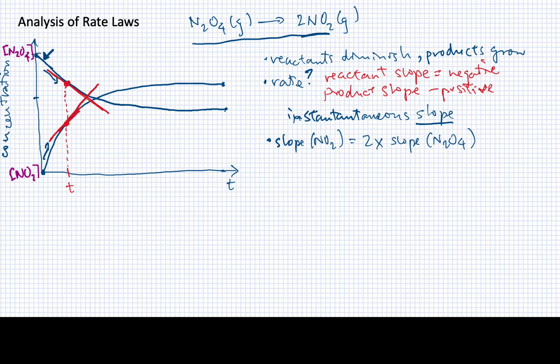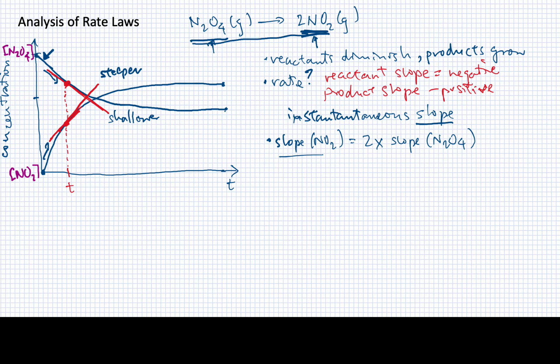Okay, and that happens because every time one of these molecules falls apart, it produces two of these. So that means the rate of appearance of NO2 has to be twice as great as that. And that's what this slope means. So we should expect to see a steeper climb on this and a shallower decline for the negative slope.